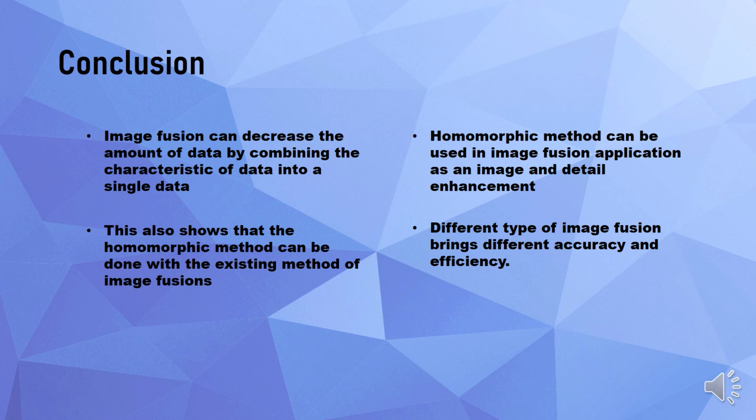The limitation of this study is in getting the data set, because the original plan was to have four different modalities to be fused, and that will be a future enhancement for this study.